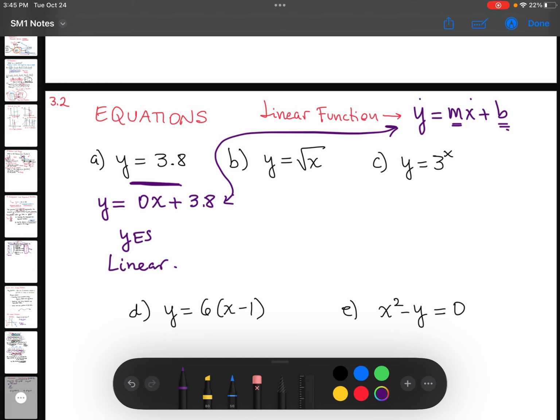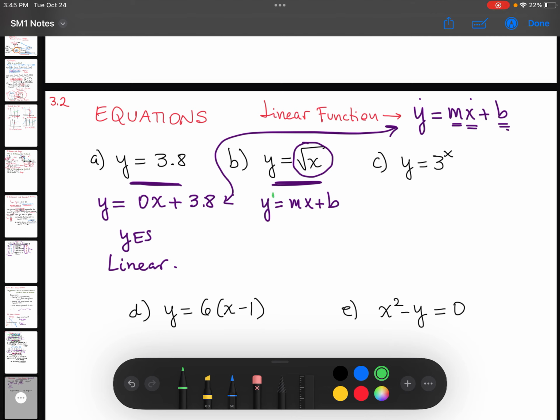Now I want you to take a look at example B. The thing is that the square root of x immediately gives us a different situation with x. In our original, y equals mx plus b, in green I'm going to write this.